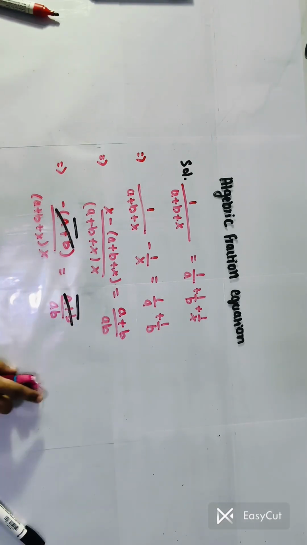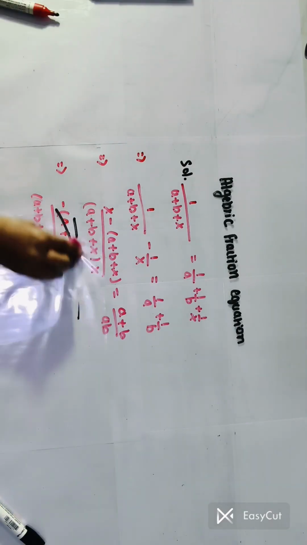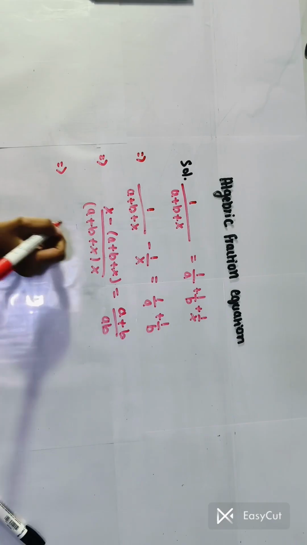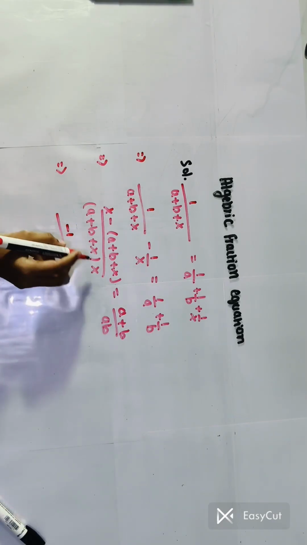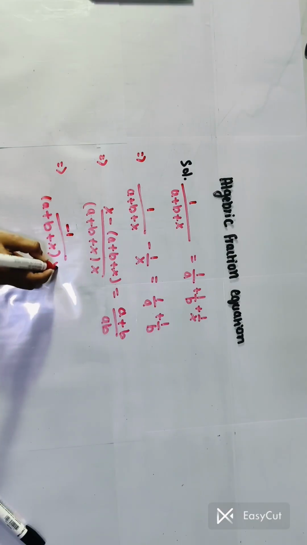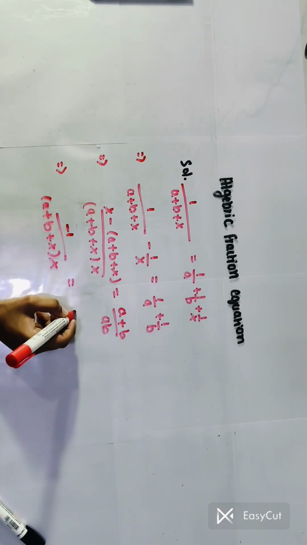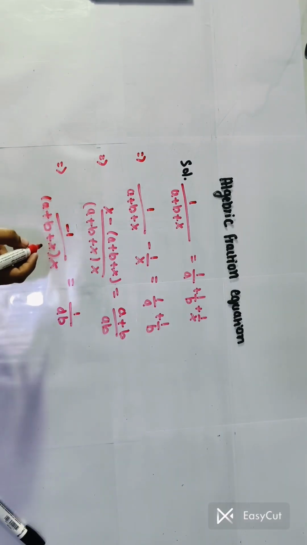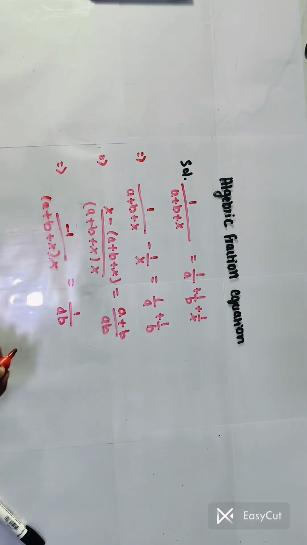So this equation will then look something like minus 1 upon a plus b plus x multiplied by x and 1 upon ab. Because the minus sign of the LHS side wasn't cancelled. It wasn't cancelled because there wasn't a minus sign on RHS side. If we want to cancel the signs, it should be similar.